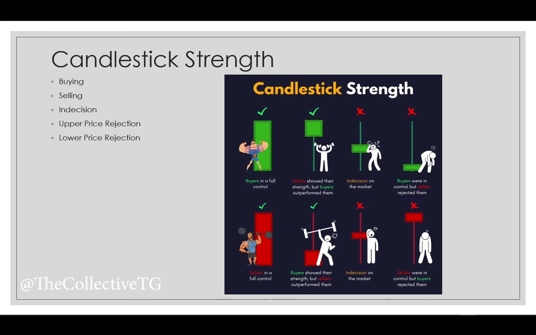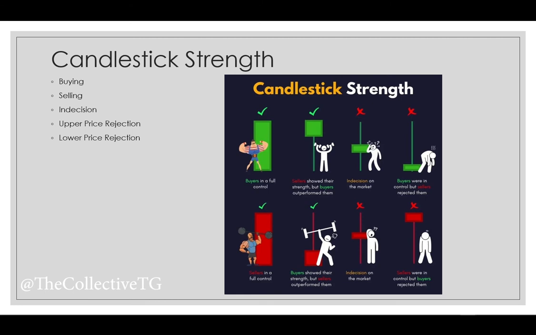Basically, it could be a buying candle, a selling candle, an indecision candle, an upper price rejection candle, or a lower price rejection candle. And that's visually represented here on the right.